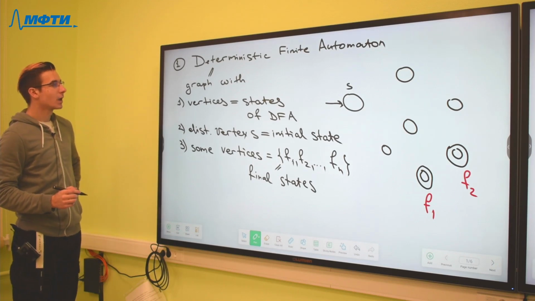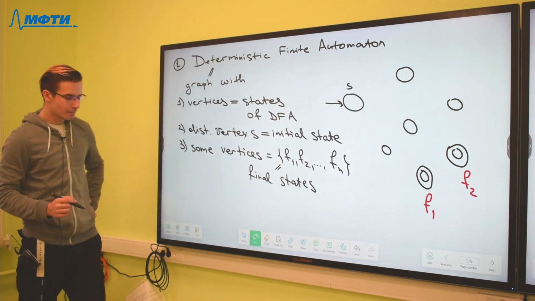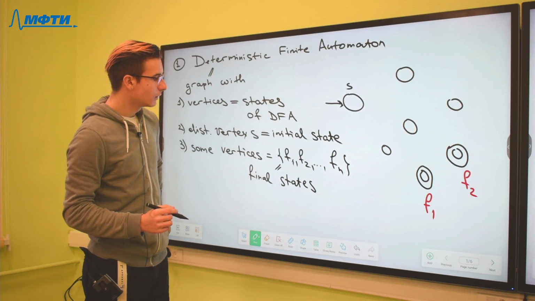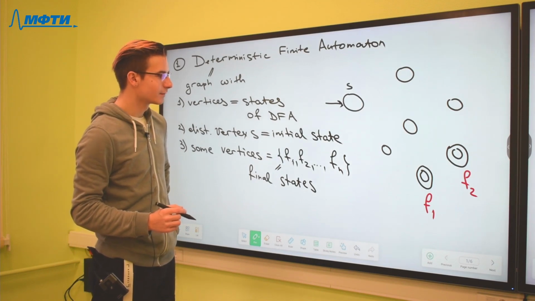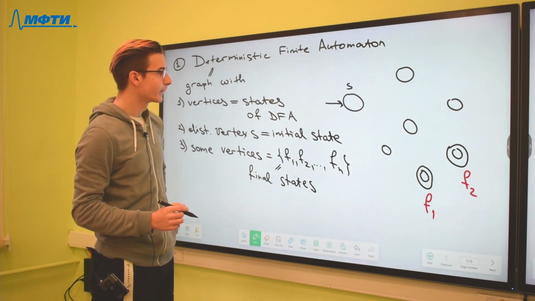And we have, of course, edges in this graph.